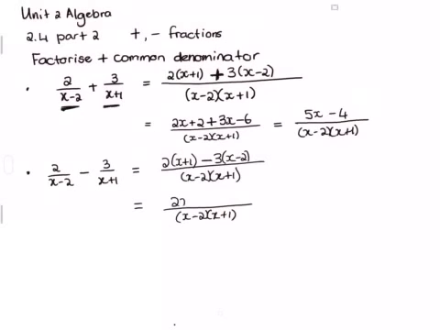So 2 into x plus 1 is 2x plus 2. Now be careful. It's negative 3 into both of those. So negative 3x plus 6. Right, so this step, don't skip this step.